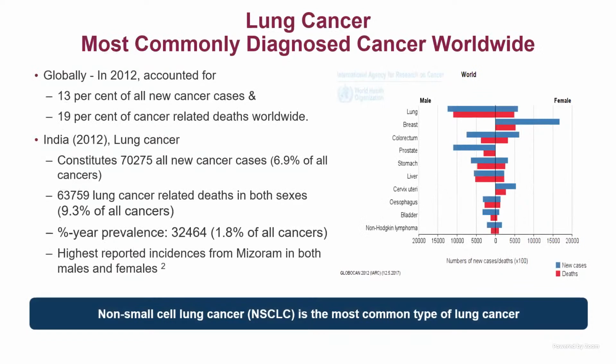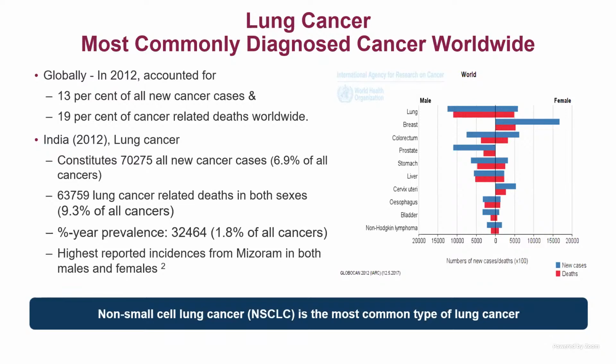So we all know that lung cancer is the most common cause of death worldwide in both men and women. And we see more and more rise of adenocarcinomas, and especially oncogenic driver mutation driven cancers. If we just see the global data, 13% of all new cancer patients is lung cancer, and 19% of all the cancer related deaths are because of lung cancer.